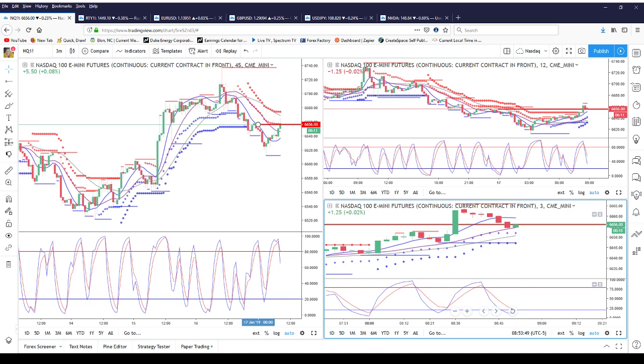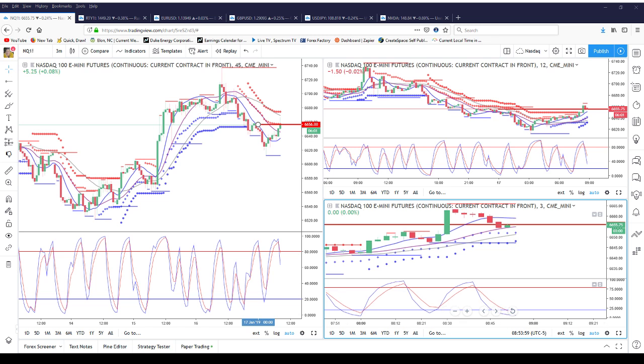You do have, let's see, an hour and 6 minutes. I would prefer that it go ahead and go down to the ATR and break through that ATR. That would be my preference.